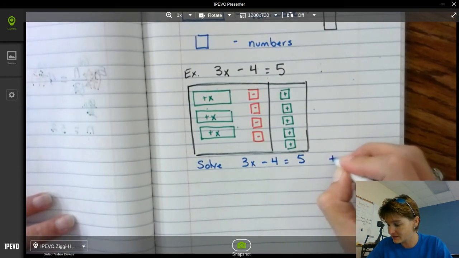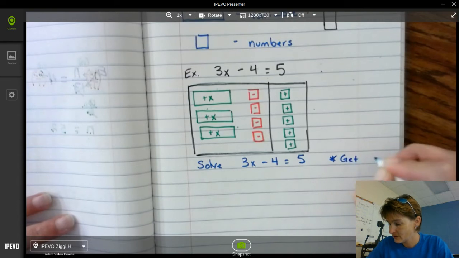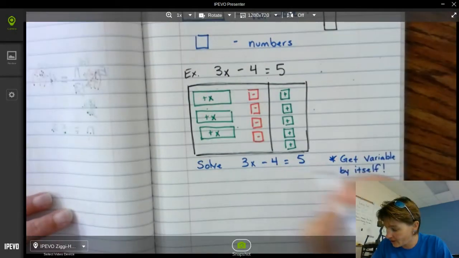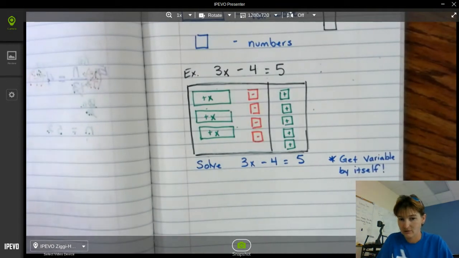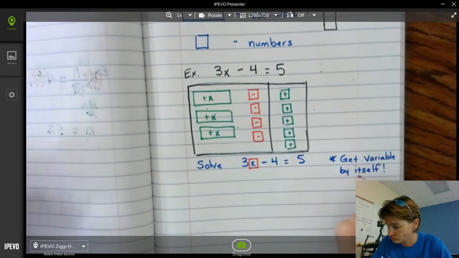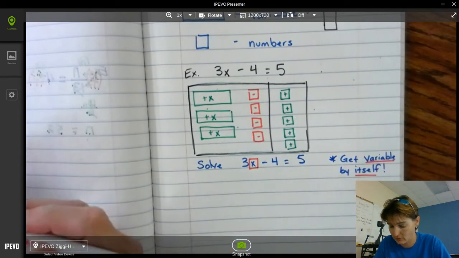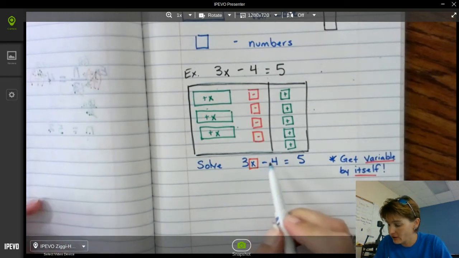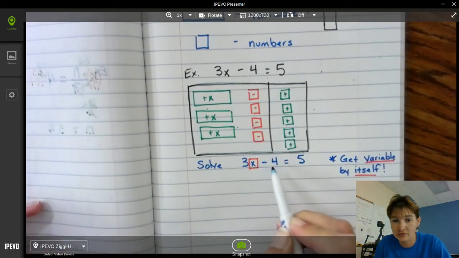So the key to this is to get the variable by itself. Okay, the variable would be x. All right, we want to get x by itself. Variable by itself. All right, in order to do that, we are looking at this subtraction of 4.